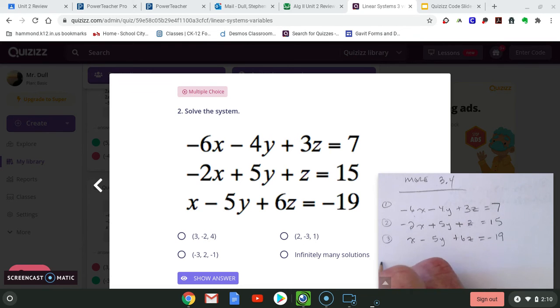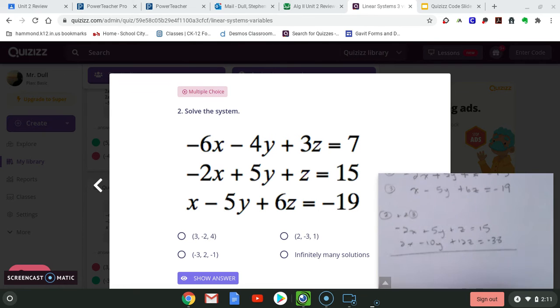So let's do this. I'm going to add equation 2 plus 2 times equation 3. So negative 2x plus 5y plus z equals 15. And then I'm going to double this second one: positive 2x minus 10y plus 12z equals negative 38.